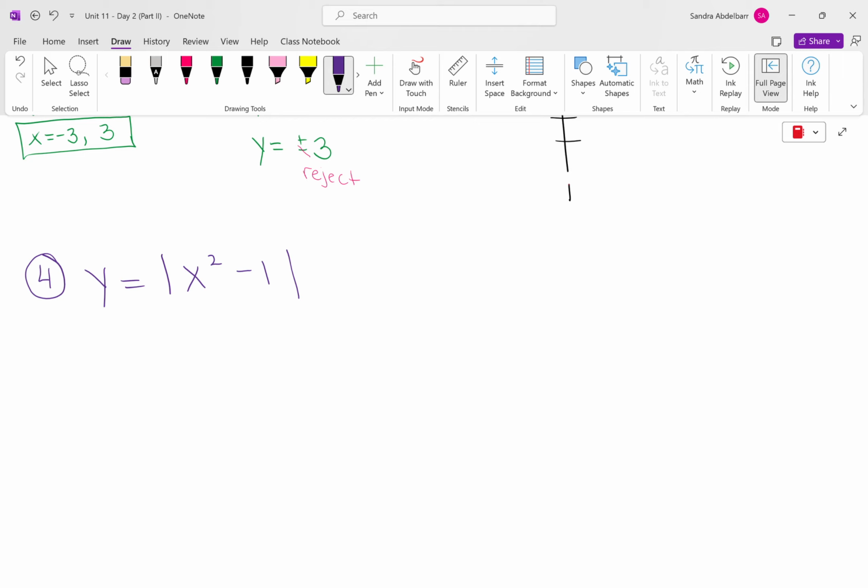So what is this? This is actually a parabola that we take the absolute value of. So what do we need to do first? We need to first sketch the parabola, then we'll take the absolute value of it. So I'm going to say not a V.